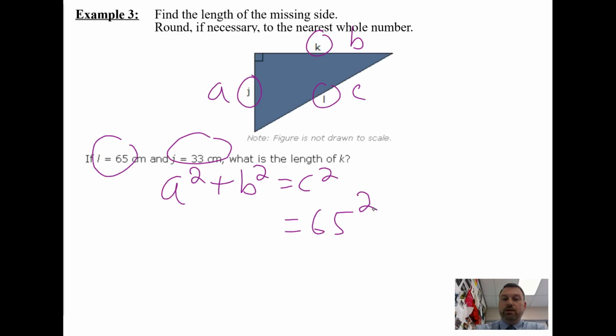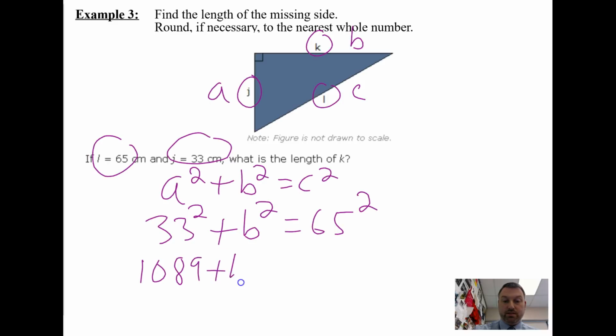So what you plug in for J and K, well, in this case, I tell you what J is. It's 33. But it doesn't matter what you plug in as far as A and B is concerned. Either one doesn't matter. So 33 squared is 1,089. 65 squared is 4,225.